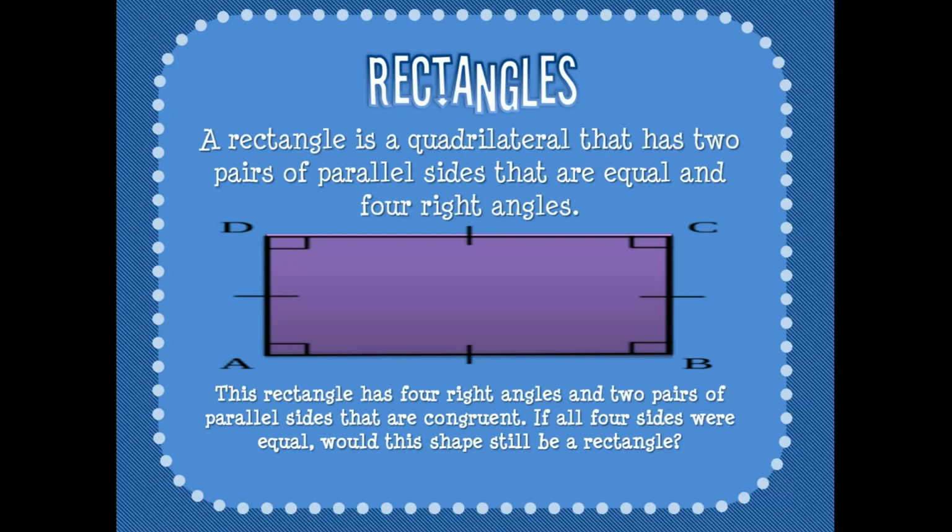That means the opposite sides are equal. Here AB is parallel to CD and AD is parallel to BC. If all four sides were equal, would this shape still be a rectangle? Think about it.